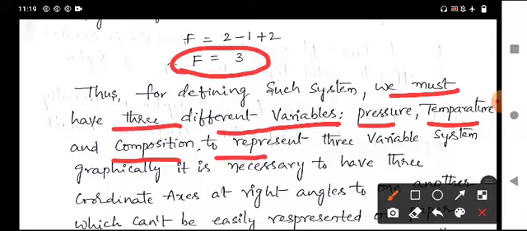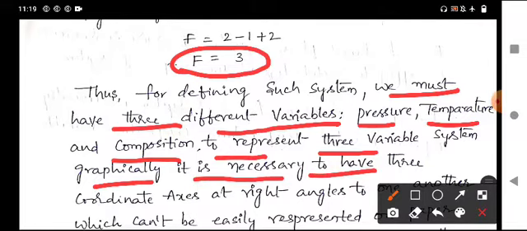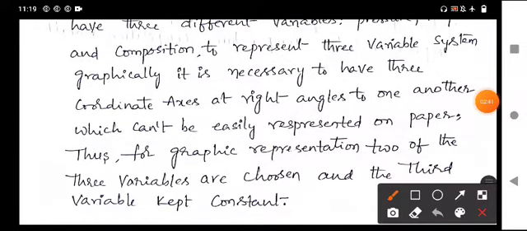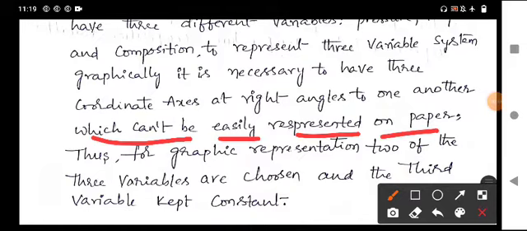To represent these graphically, it is necessary to have 3 coordinate axes at right angles to each other, which cannot be easily represented on paper. The 3 coordinate axes are very difficult to represent on paper.